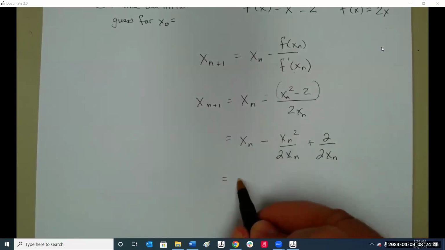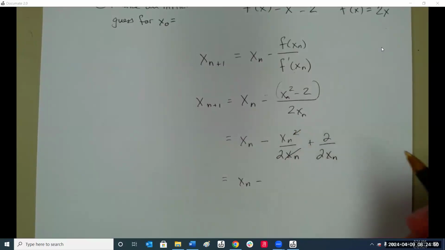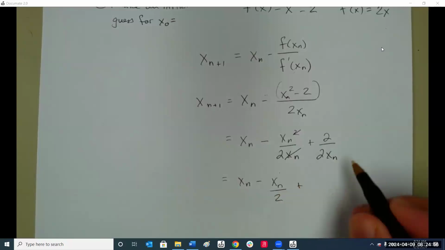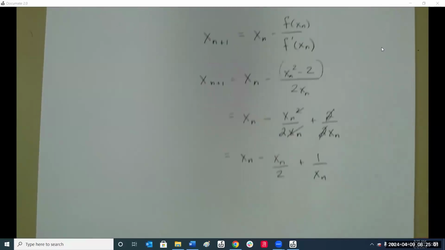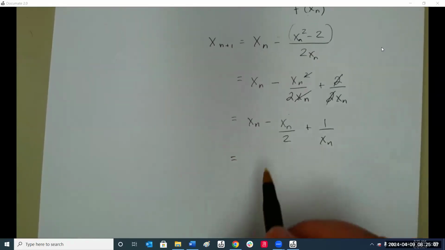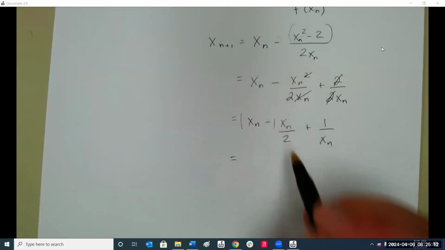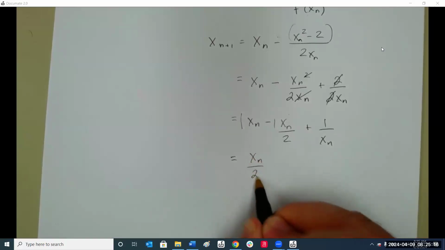So here I have x sub n. One of these x sub n's cancels, so I have an x sub n over 2. The 2's cancel, so I have 1 over x sub n. So we have 1 x sub n minus a half of x sub n, which makes it x sub n over 2.